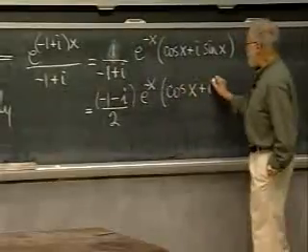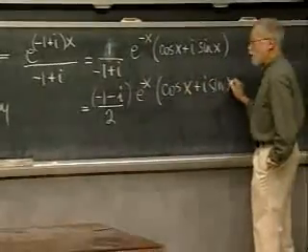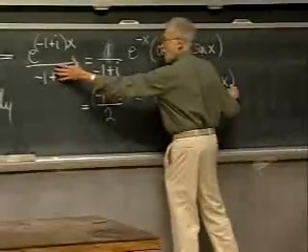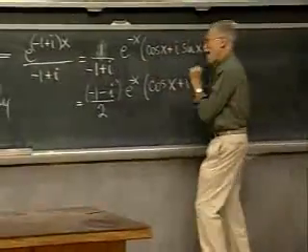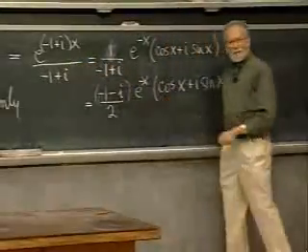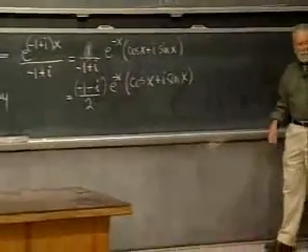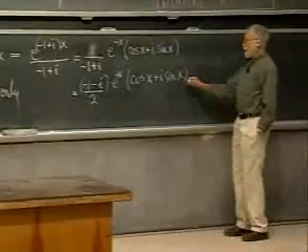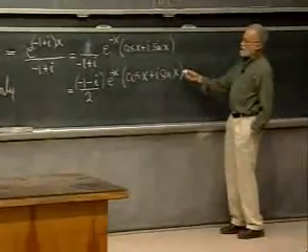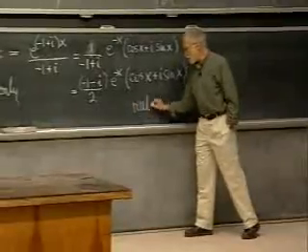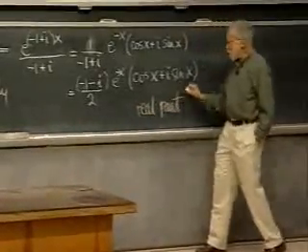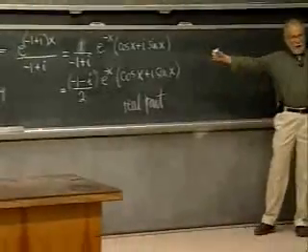If you're practicing, please don't put in all these steps. I would go from here to here by myself. Maybe you shouldn't. Practice a little before you do that. And now what do we do with this? Now this is in a form to pick out the real part. We want the real part of this. So you don't have to write the whole thing out as a complex number.